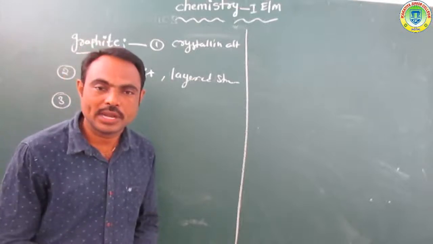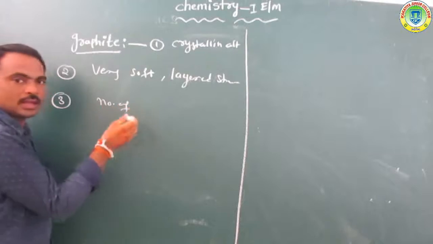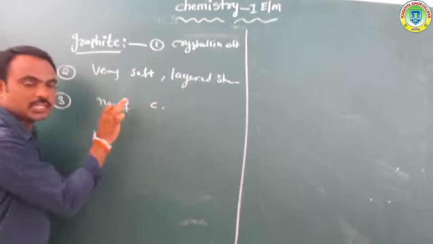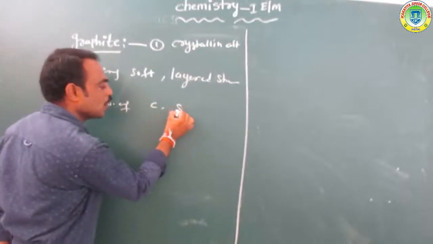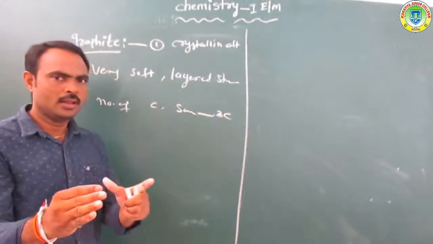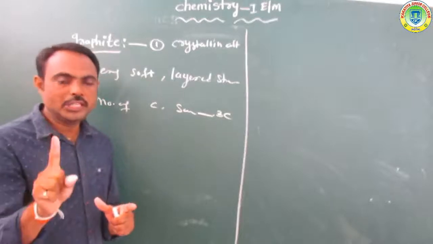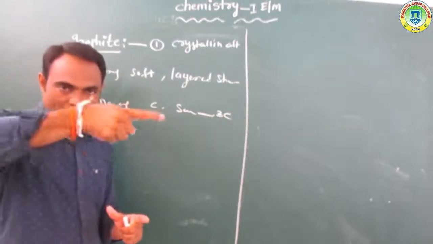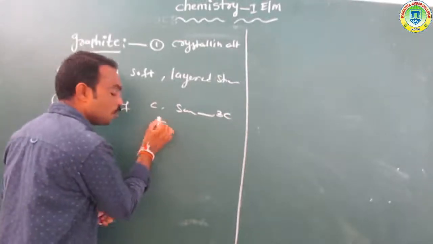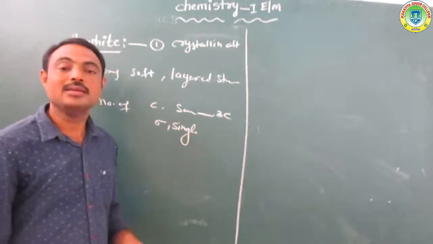In this graphite, each carbon atom is attached to the surrounding 3 carbon atoms with a sigma bond or single bond.